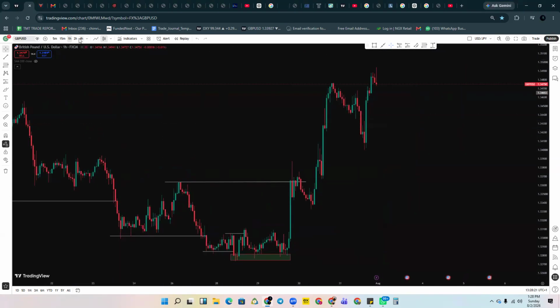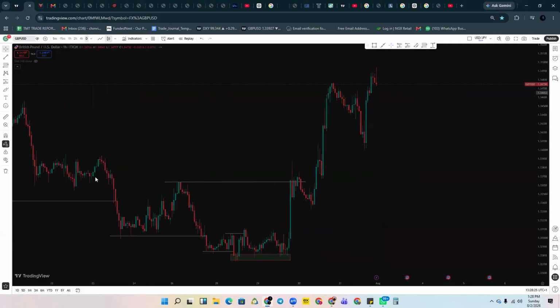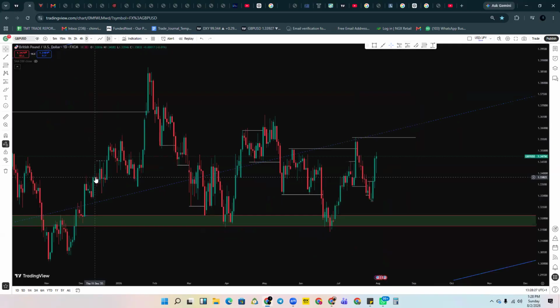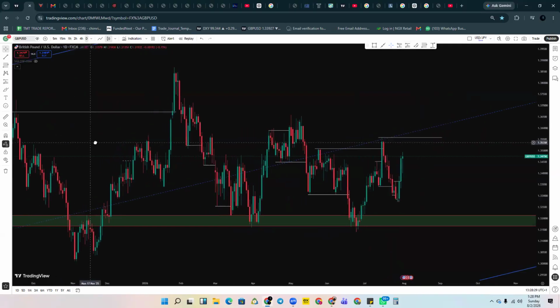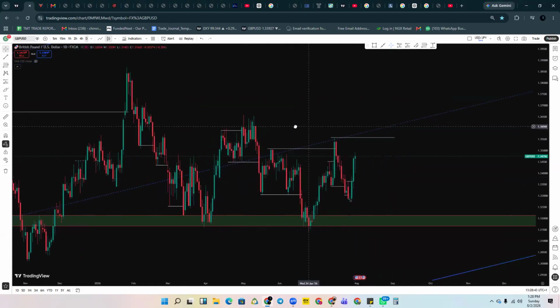I'll be starting with the daily time frame. When you look at the chart from the daily time frame, you can see we have a high. This is the swing high. We have a lower high, and we have a high, lower high here as well.